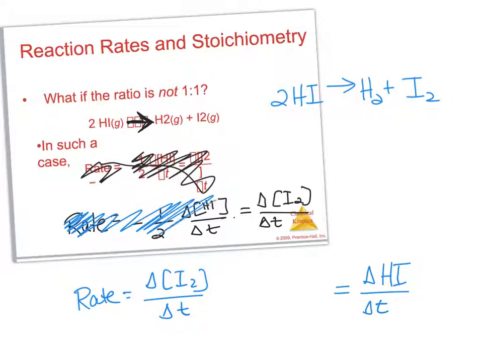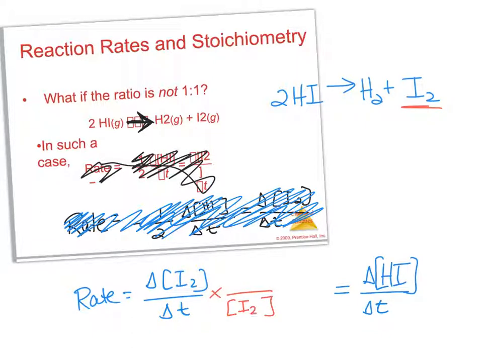I can foresee it becoming slightly confusing. So we look at our reaction, and we know that for every 1 I2 we have, we have 2 HIs.